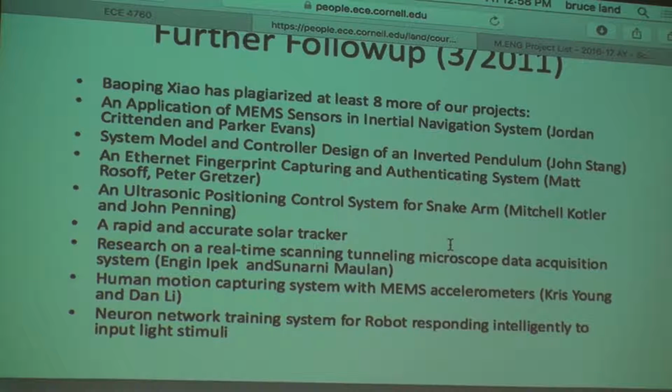All right, duh, right? So I sent this into the IEEE and they banned that one too. Yikes. So if you go to Google now and Google Baoping Zhao, the entire first page of Google is all retractions from the IEEE.